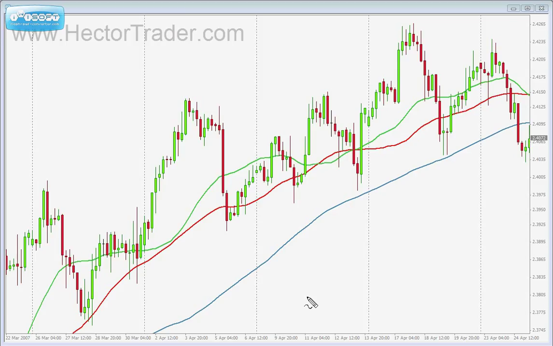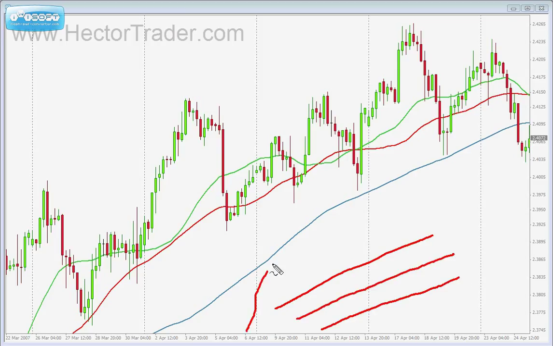As you guys know, in a perfect trending scenario, I like the 30 moving average above the 50 and the 50 above the 100, and price swinging off the area between the 30 and the 50, what I usually call the dynamic area of support and resistance.